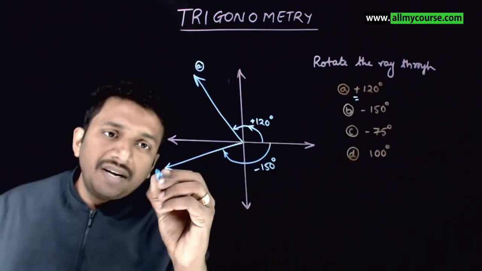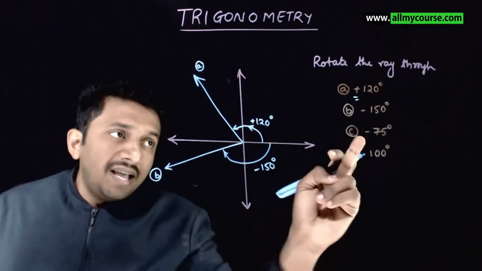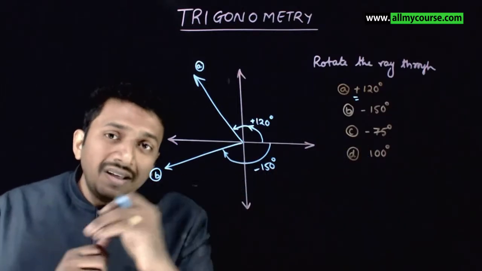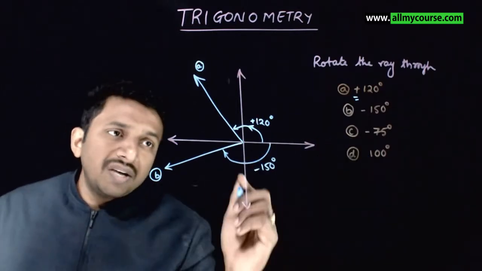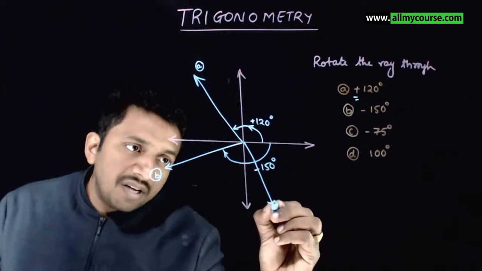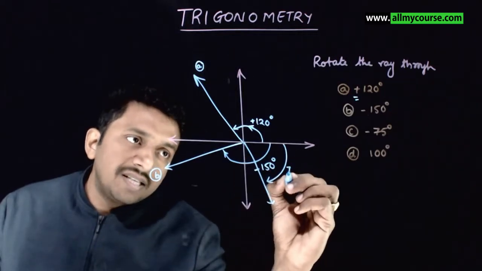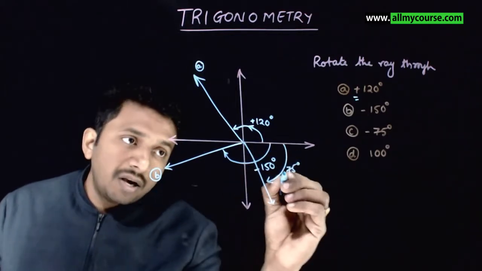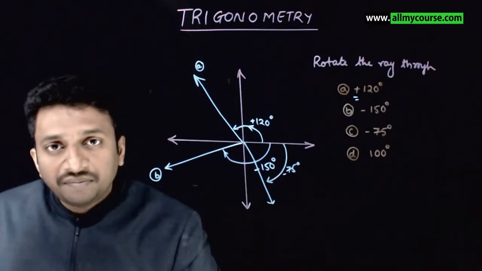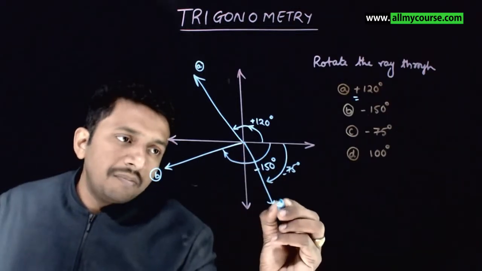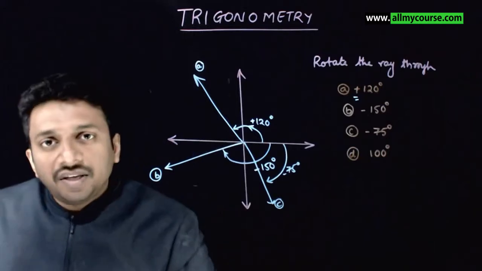Next, minus 75 degrees. Again, negative, that means you have to rotate it in clockwise direction through 75 degrees. It will stop somewhere here. This angle is 75 degrees. Because it is clockwise, I'll write it as minus 75. This is the ray corresponding to question C.